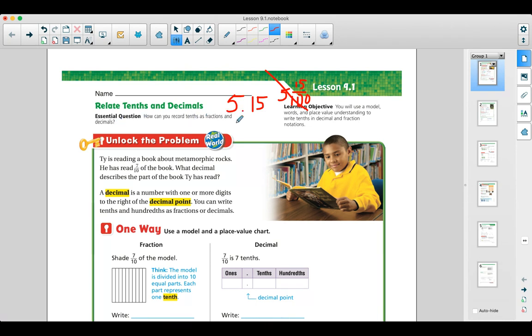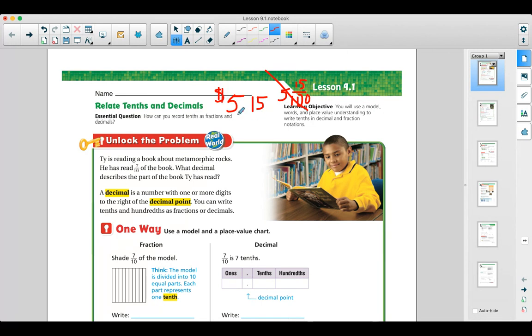Okay. Now, a decimal is smaller than 1, just like a fraction is smaller than 1. You can write a fraction and a decimal in two different ways. If you're going to write it as a decimal, you have to use the decimal point. So this is $5.15.